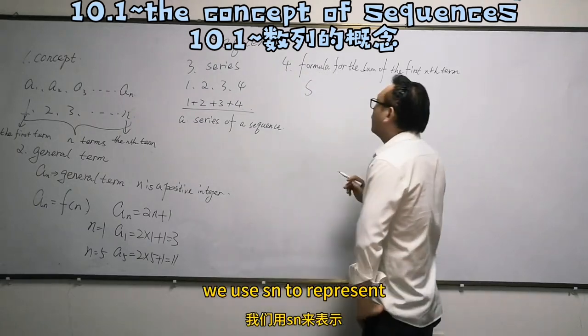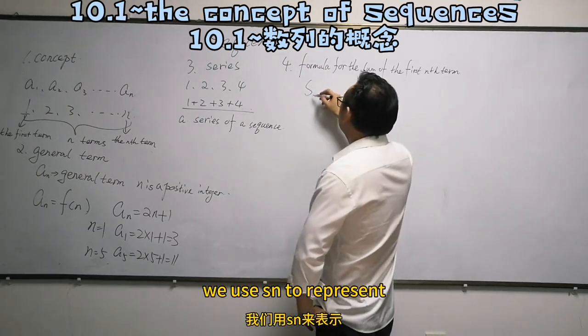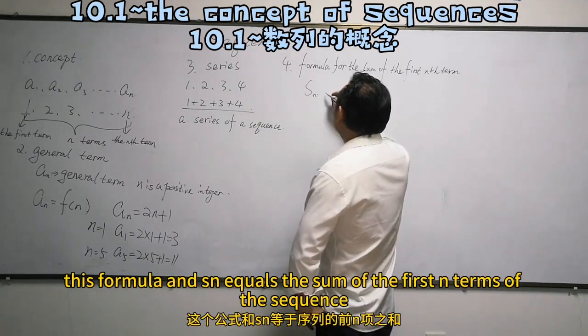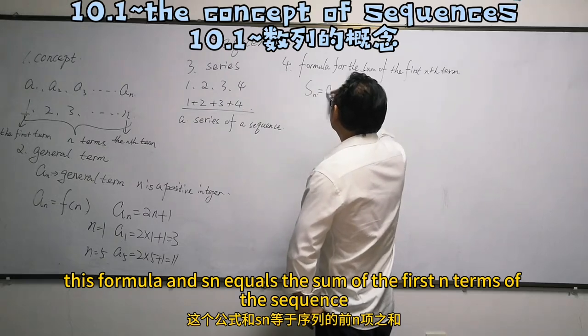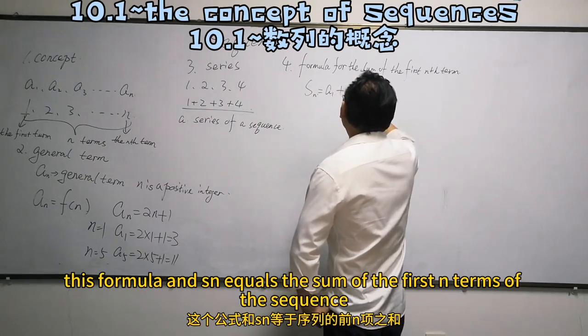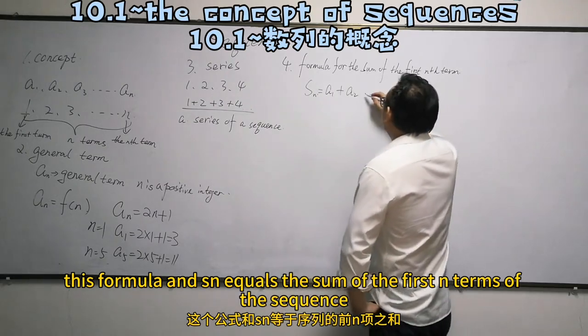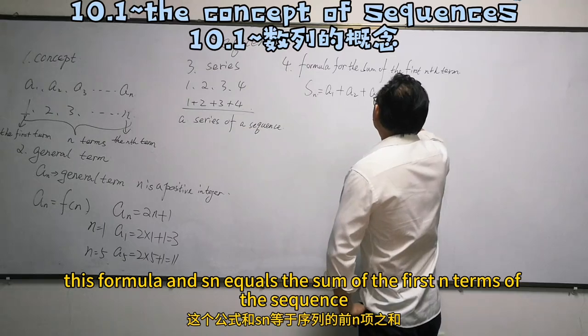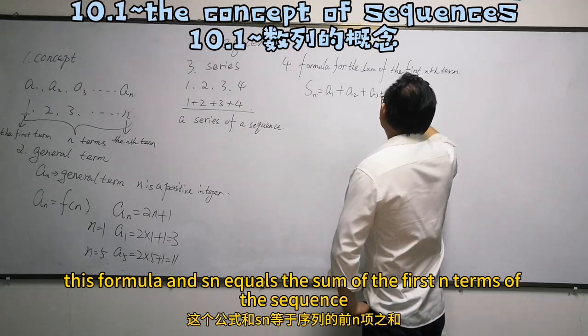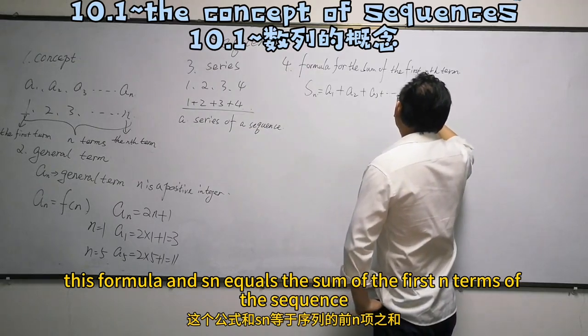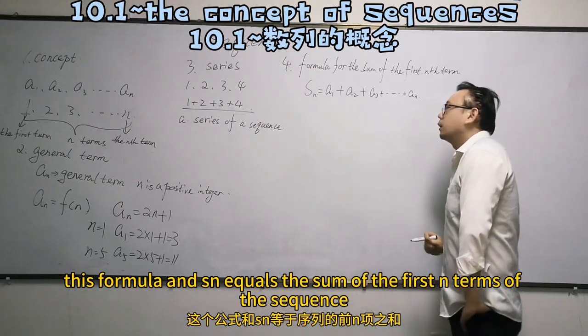We use Sn to represent this formula, and Sn equals the sum of all terms of the sequence.